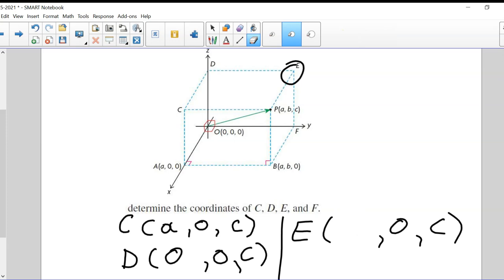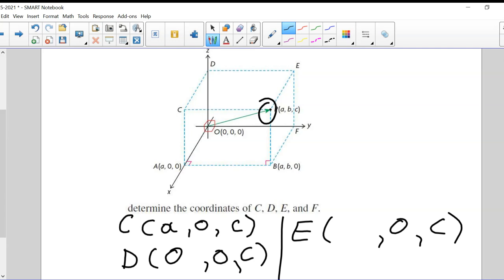Why is that? Let me tell you why. This point right here is the point A, B, C. That's the furthest you can be away from the origin.